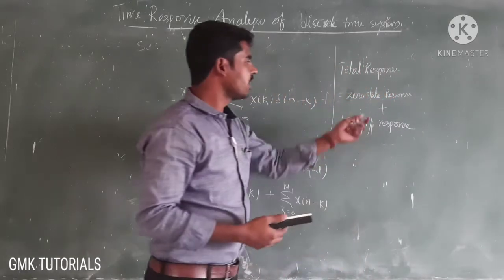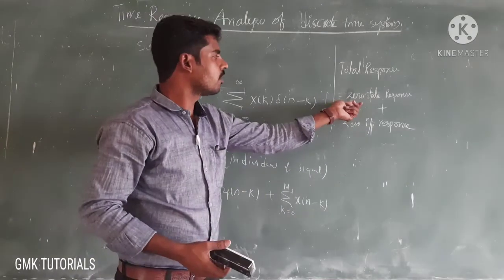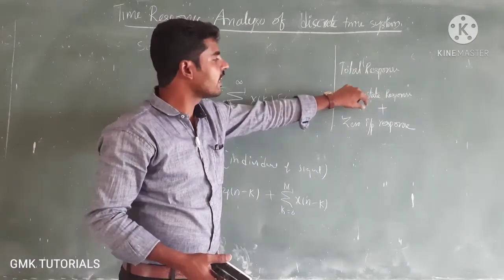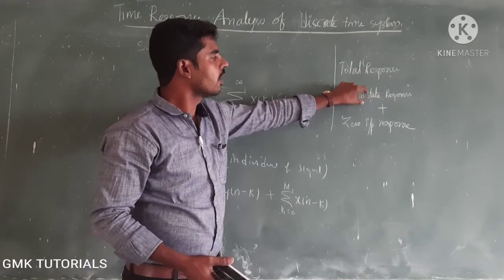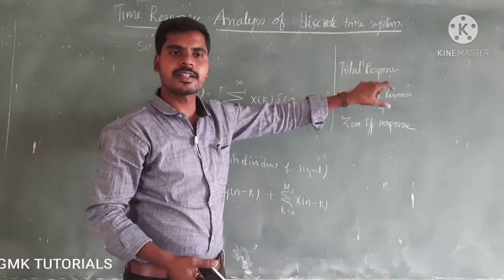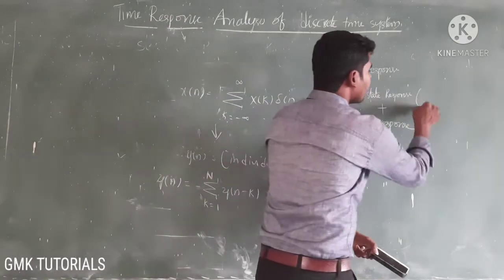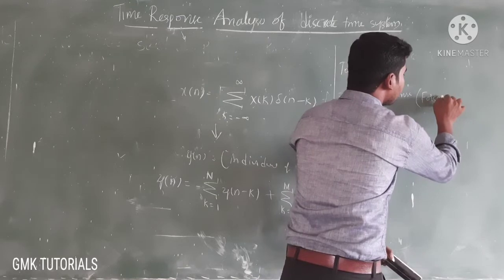Zero state means here that the previous initial values are completely relaxed, in the case of the first condition. The output response depends completely on the input only. So that's why it is also called a forced response.